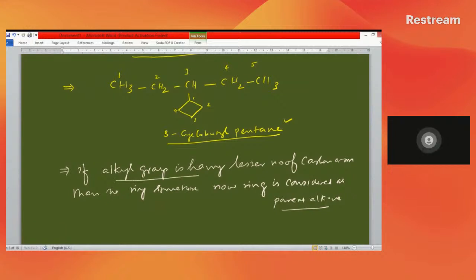Okay, we can have a verification. It's a simple example.